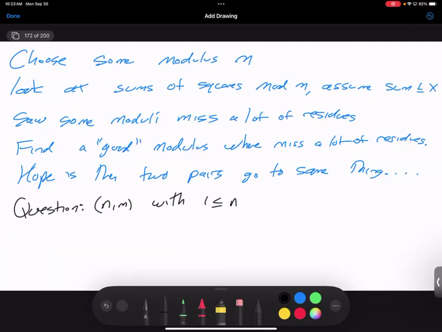I don't want to use M. We'll do A and B, with 1 less than or equal to A, less than or equal to B, less than or equal to the square root of X. And we want A squared plus B squared to be less than or equal to X. So my question is, how many pairs do we have?